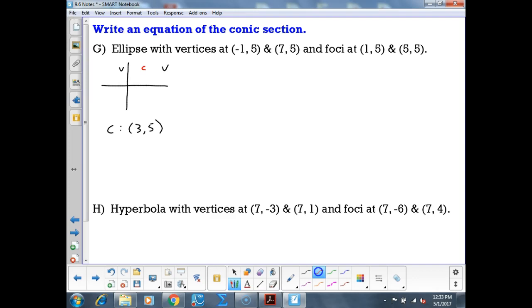Having foci here, and here is also helpful. Okay. So the foci distance was c, correct? What is c? 2? The distance to the vertices is a in an ellipse, and that was what? 4.